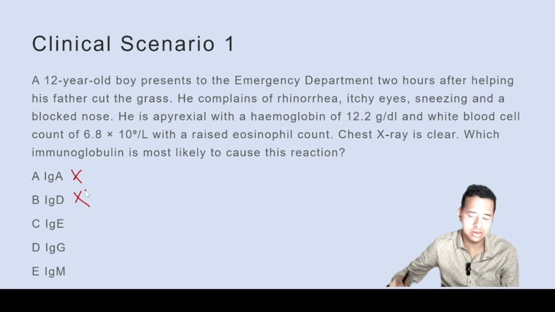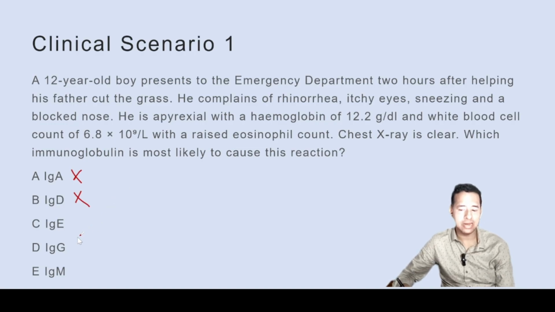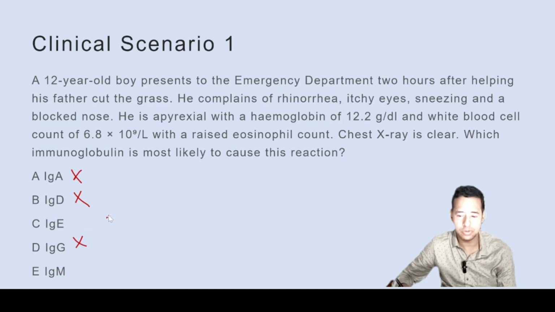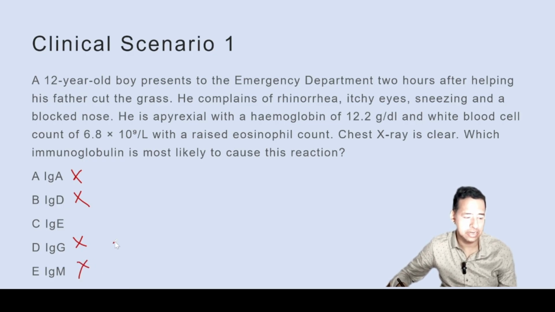IgG is involved in type 2 and type 3 reactions, so for type 1 it won't help, and it is not the principal antibody in hay fever. IgM is produced during infection, so it is not responsible for an allergic reaction. So ultimately your answer is IgE.